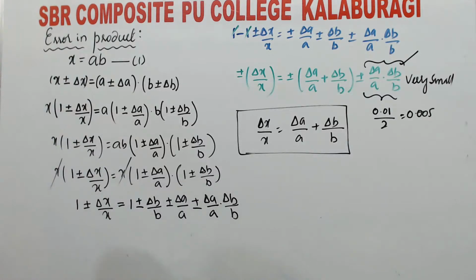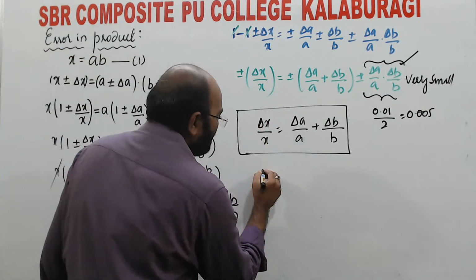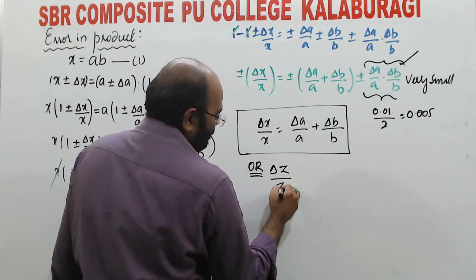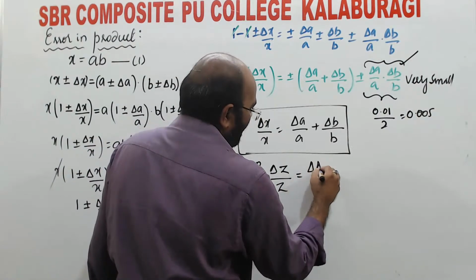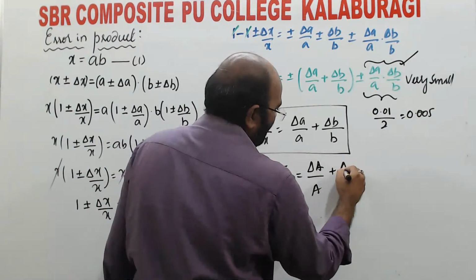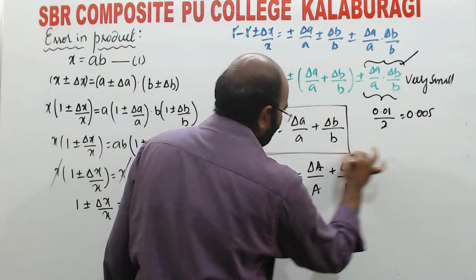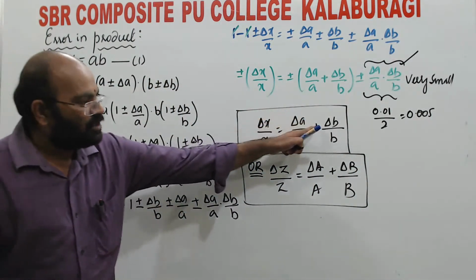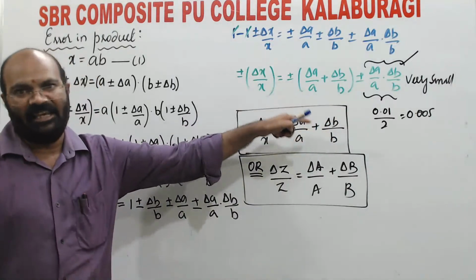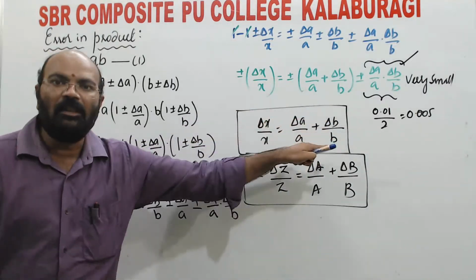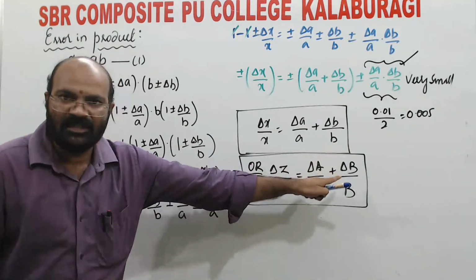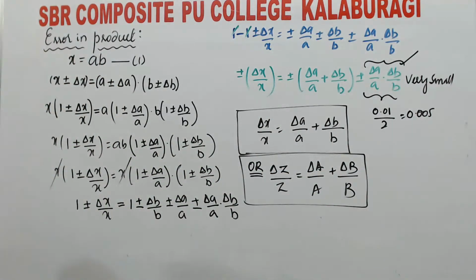According to your textbook, this is given as delta Z by Z is equal to delta A by A plus delta B by B. This is the notation we prefer for simplicity, and according to the textbook, delta Z by Z is equal to delta A by A plus delta B by B.